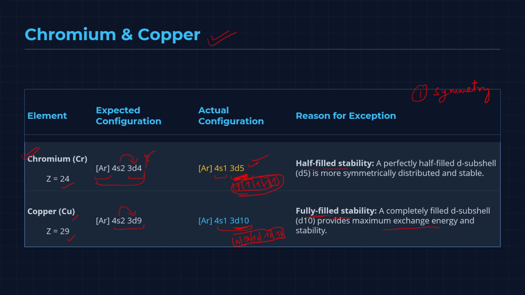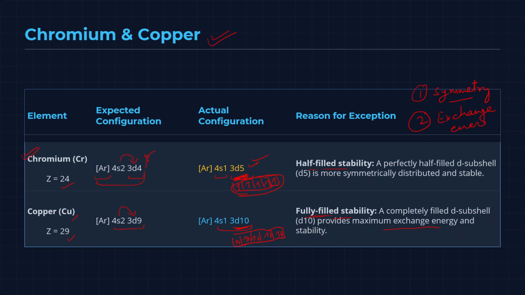So here these half filled and fully filled configurations are more stable due to two reasons. One is symmetry, because we know that symmetry leads to stability. Greater the value of symmetry, more will be the stability of the configuration. Similarly, the second point is exchange energy.